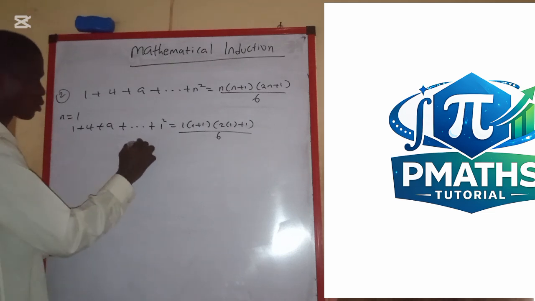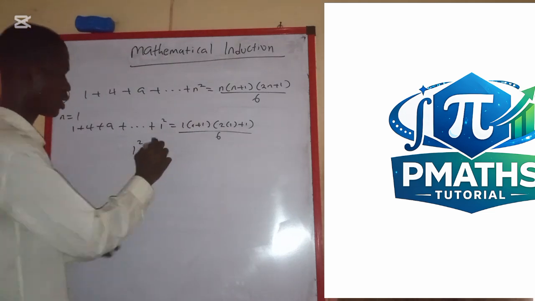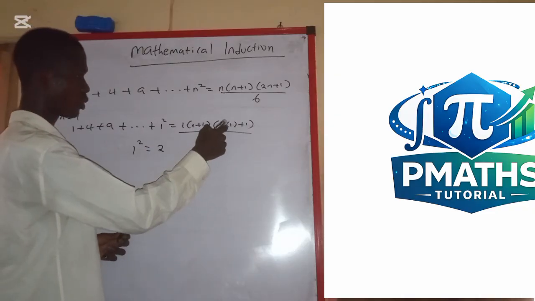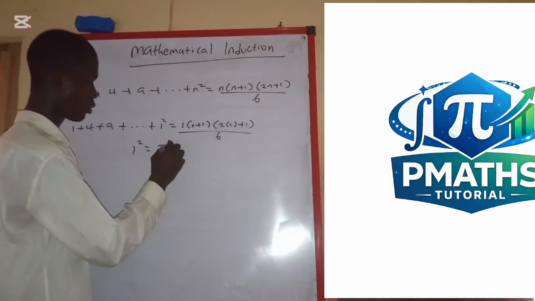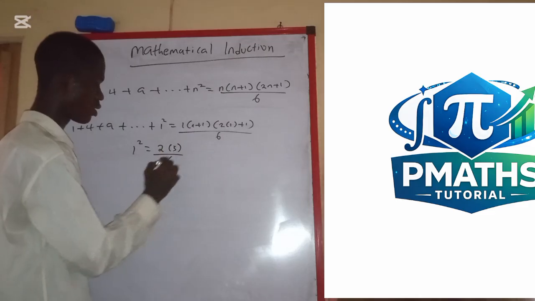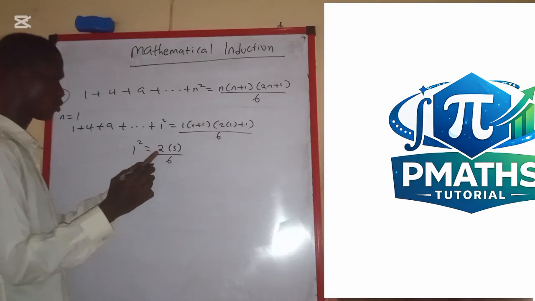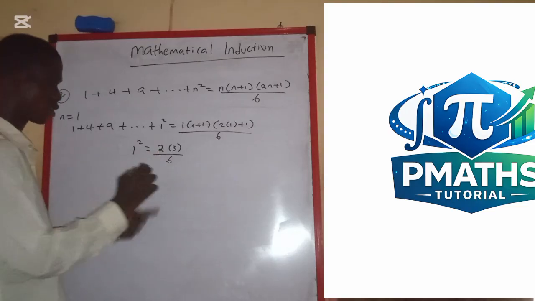So 1 squared is equal to 1 plus 1 is 2, 2 times 1 is 2, 2 plus 1 is 3, over 6. So that's 3 times 2, 6, 6 divided by 6, 1.